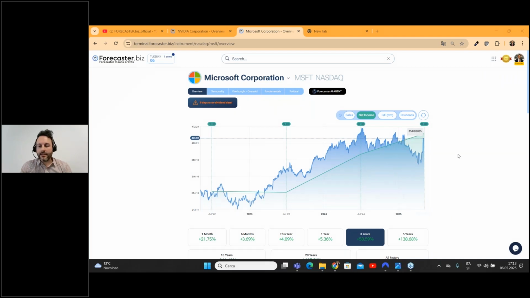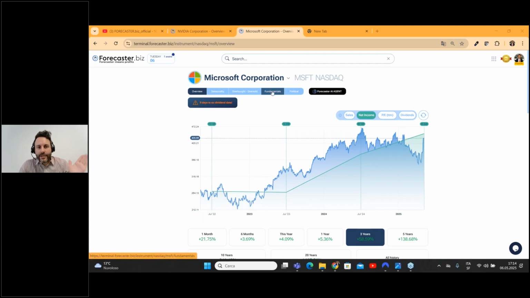It means that we add the last 4 quarters. So in this case, here you have the sum of the net income for the last 4 quarters, and this is the best way to understand whether a company's net income is growing or not. Okay, because you have the most updated situation for the company.